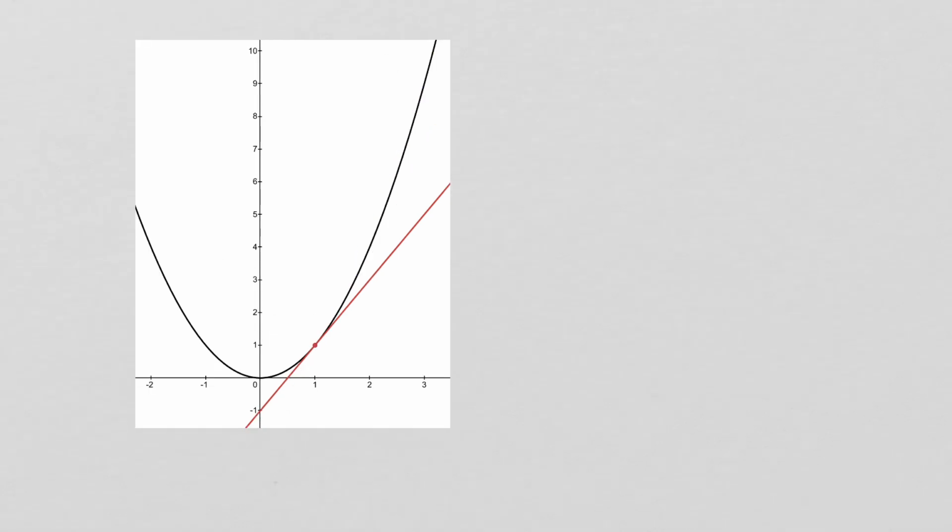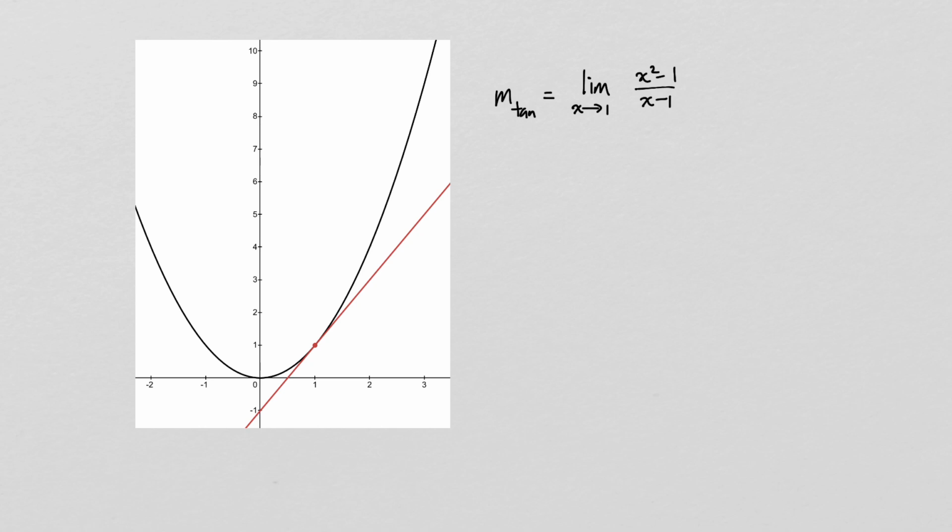So I'd like to introduce a little bit of notation to you. If I'm looking for the slope of the tangent line, this is going to be equal to what we call the limit as x approaches 1 of x squared minus 1 over x minus 1.